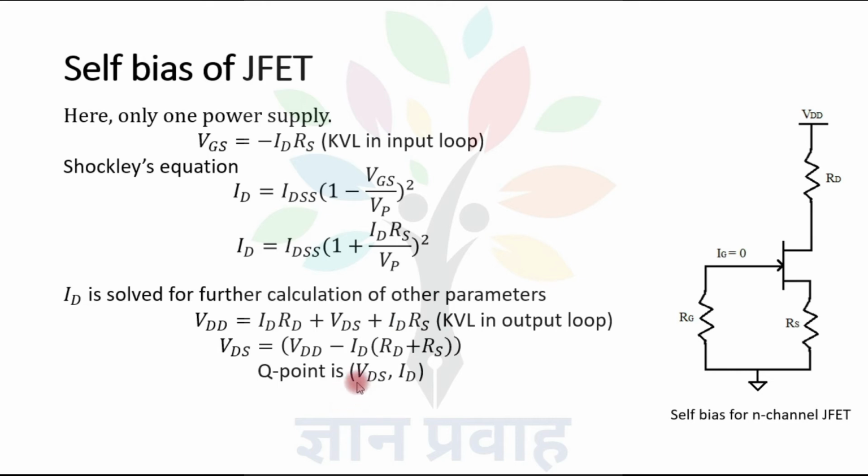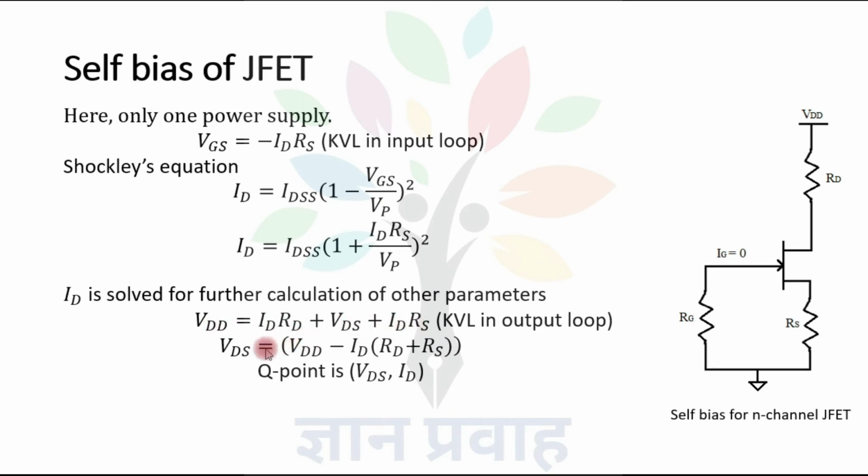Q point is VDS, ID. So here we must calculate VDS voltage, and VDS is calculated by applying KVL equation in output loop. So KVL equation in output loop, that is VDD equal to ID RD plus VDS plus ID RS.